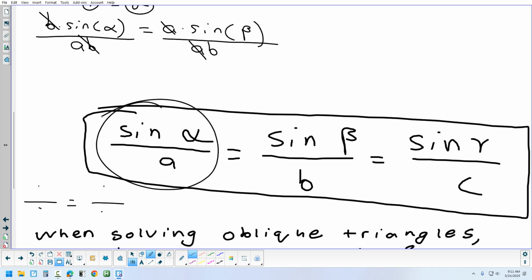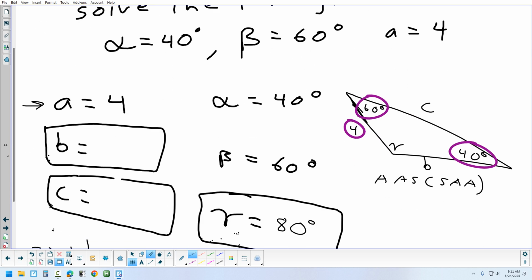Since we're solving for B, we're going to use the second part, sine of beta over B. For this part of the problem, we are not using the third fraction. Doesn't mean we won't come back to it, but for now, we're not. So sine of alpha over A equals sine beta over B. And fill that all in with these numbers.